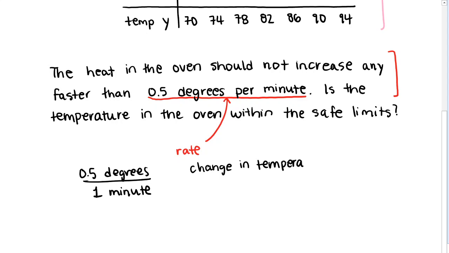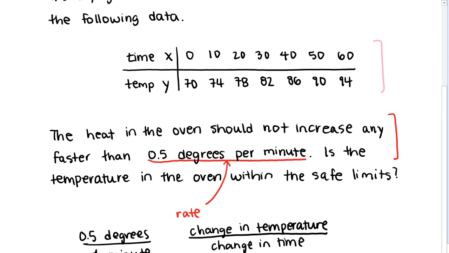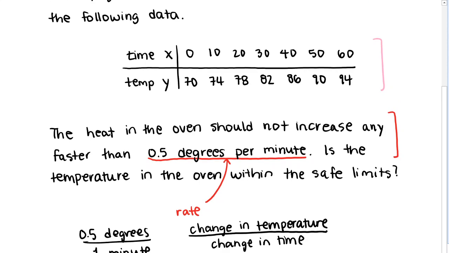We don't want the oven to increase its temperature, to change its temperature too fast, faster than 0.5 degrees for every change in time of 1 minute. And so to verify whether or not this oven meets the safety conditions, we can look at the different temperatures at different times.